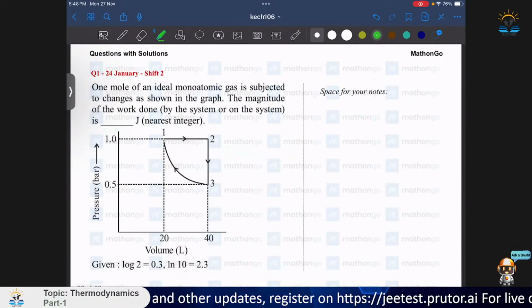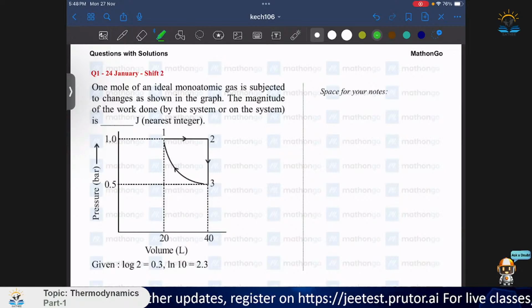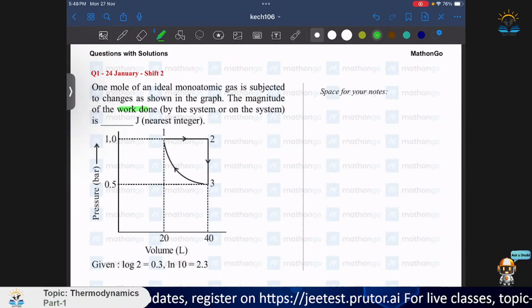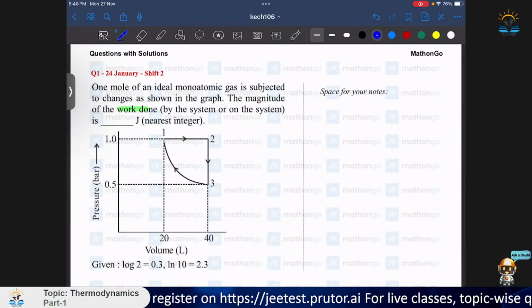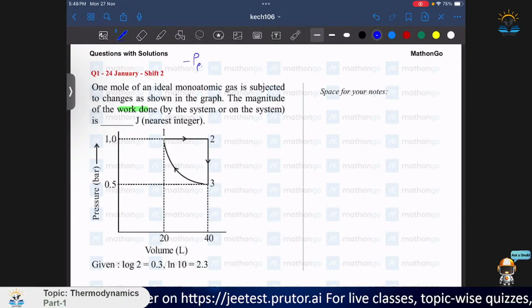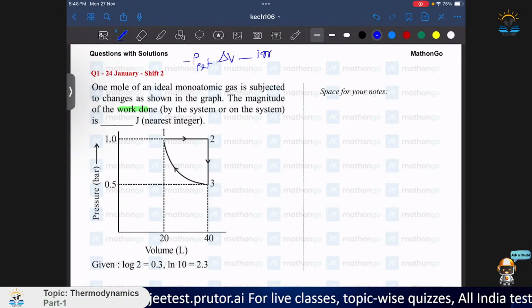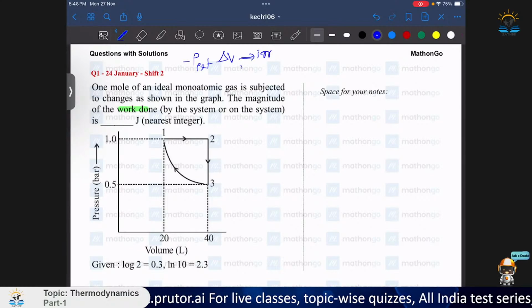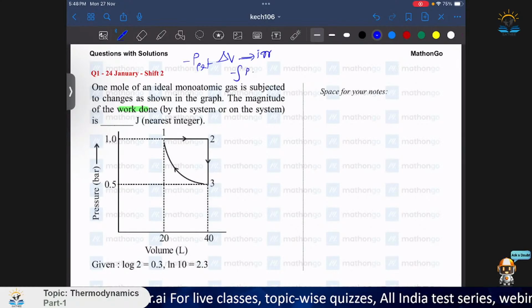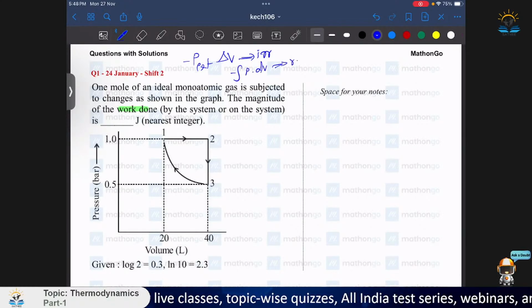This is something related to work done. We know that work done is minus P external delta V for irreversible, and the integration of P dV for reversible.